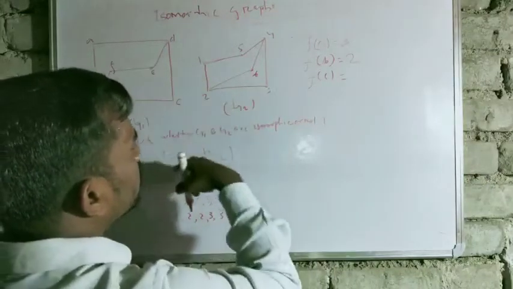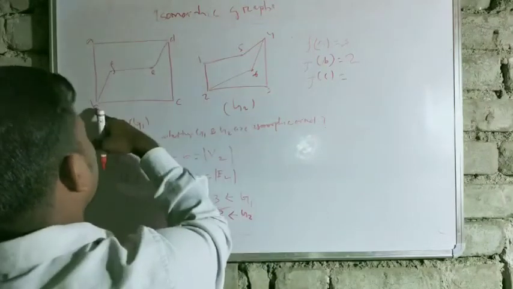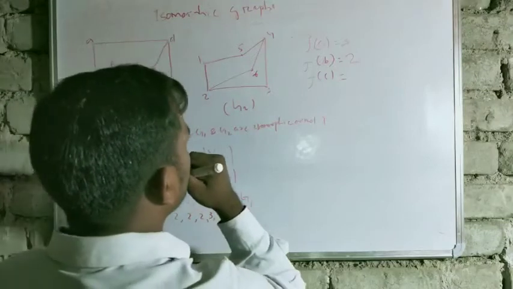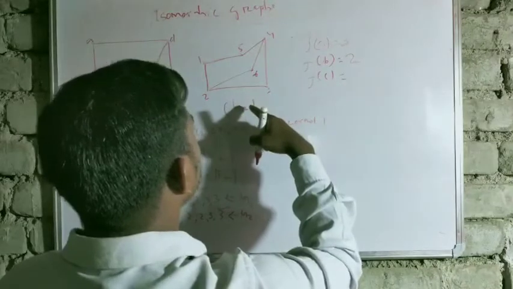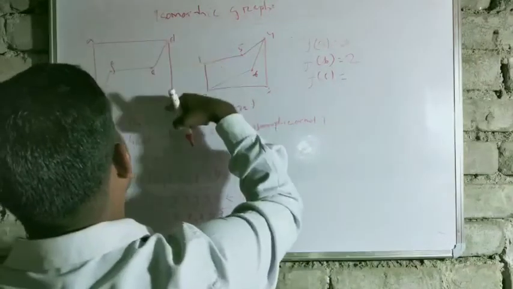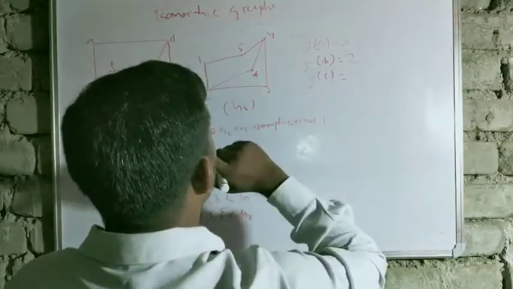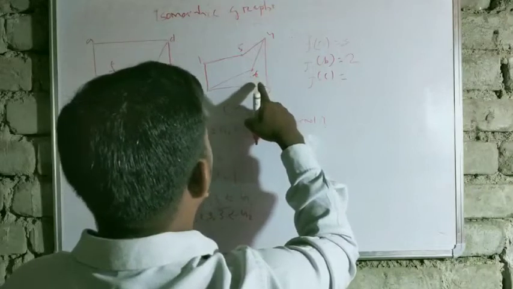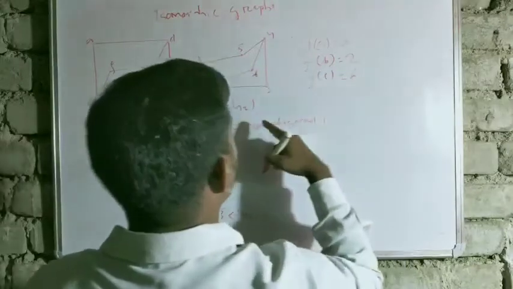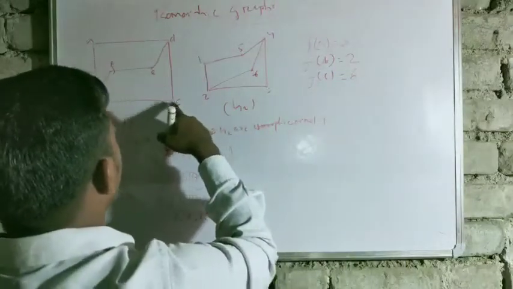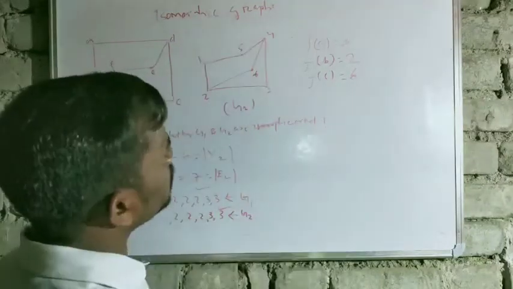C is adjacent to 2 vertices of degree 3. So is there any vertex which is adjacent to 2 vertices of degree 3? Yes, 6. F of C must be 6, because C has degree 2 and its adjacent vertices are of degree 3, and 6 is of degree 2 and its adjacent vertices are of degree 3.